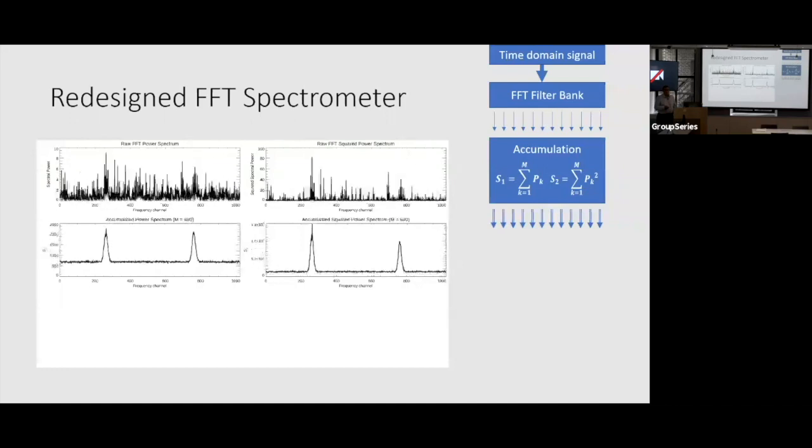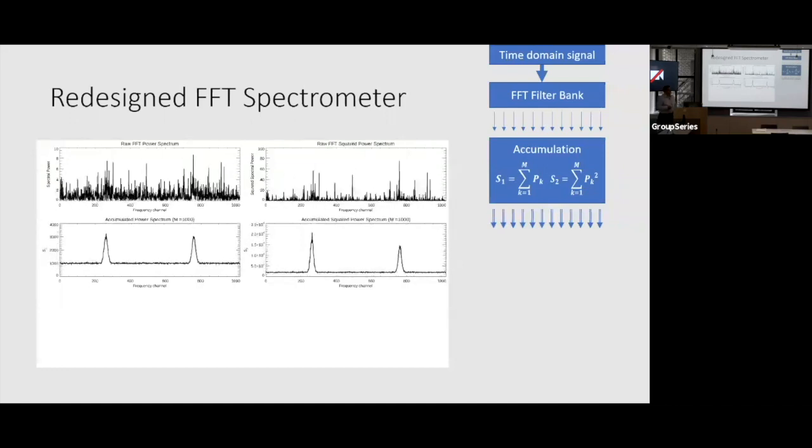What we proposed at that time was to accumulate not only the power, but also the square of the power. This might seem like a trivial operation. You double the data, what do you gain? You get two spectra that look alike.